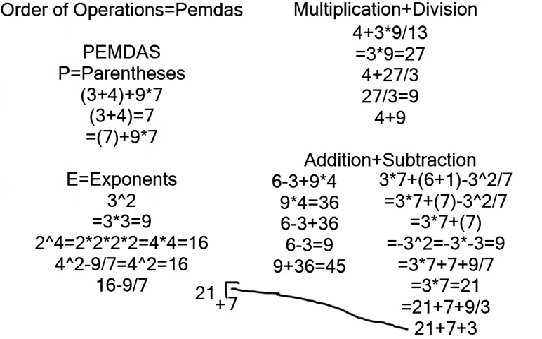Sorry about this. What is 21 plus 7 plus 3? Well, 21 plus 7 is 28. So this is the same thing as 28 plus 3, and 28 plus 3 is 31. And so that is our final answer.